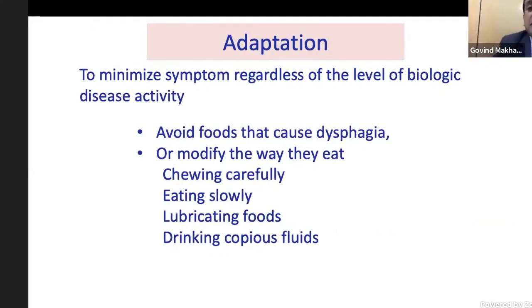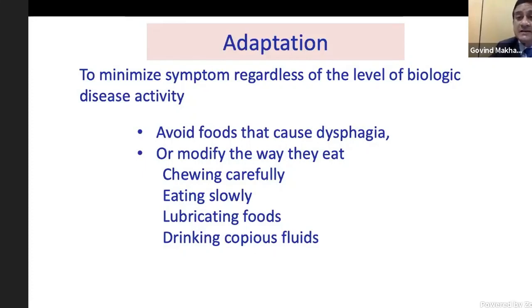Furthermore, somebody has an esophageal disorder and finds difficulty in swallowing. Most patients adapt in different ways, and they change their food habits. They avoid food that causes dysphagia, or they modify the way they eat. They chew food properly, eat slowly, lubricate food, and drink a lot of water along with food. They won't complain to us that they have dysphagia or difficulty in swallowing.